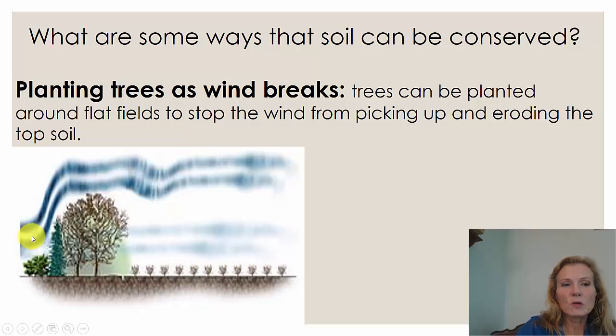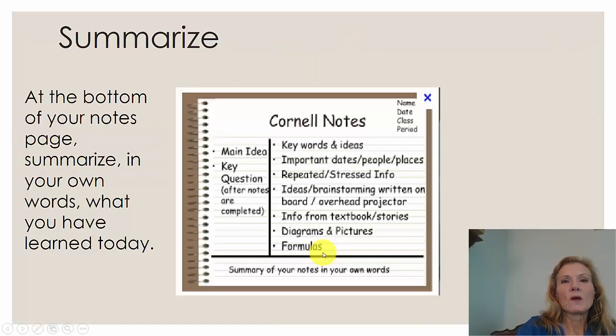And so as the wind comes blowing down the plains, it's diverted by these trees and keeps going up here instead of down here where the soil might be exposed. So it protects the crops and keeps the soil in place, keeps it from being blown away by the wind.